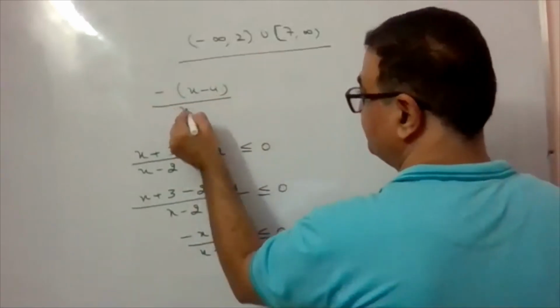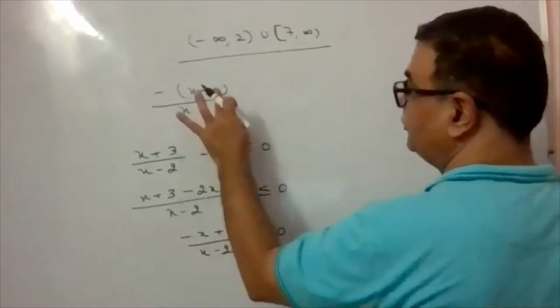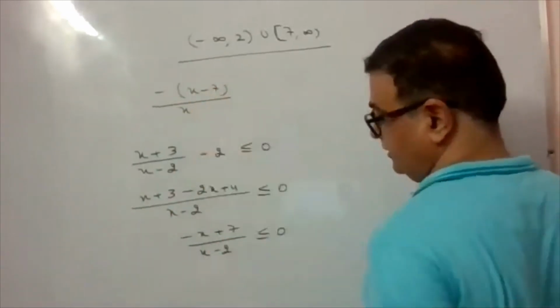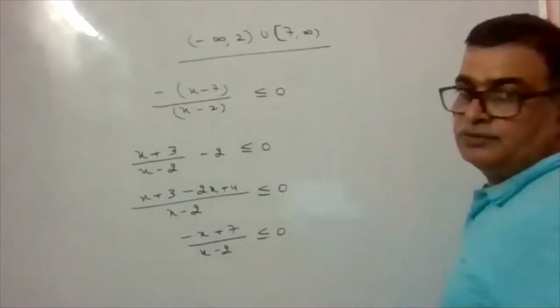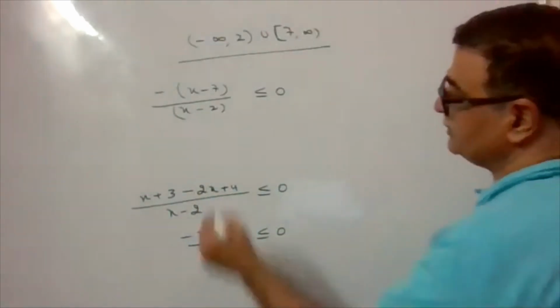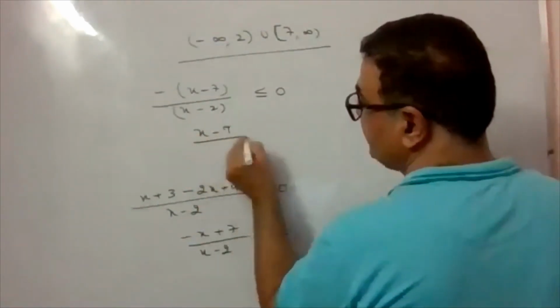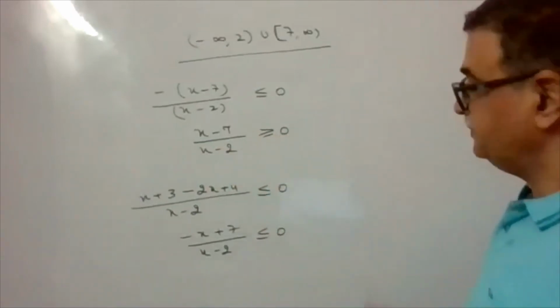Sorry, plus 7. Sorry, 7. So it will come out to be (x minus 7) by (x minus 2) less than or equal to 0. If I remove the minus sign, then it will reverse. So (x minus 7) by (x minus 2) comes greater than or equal to 0.